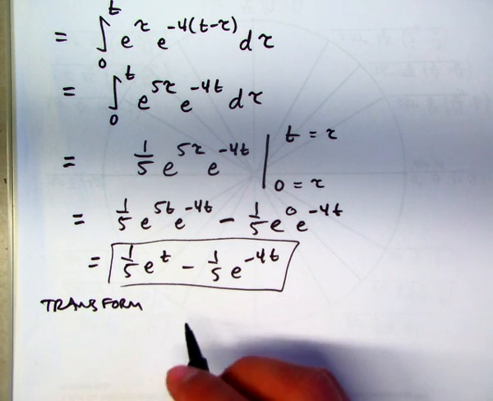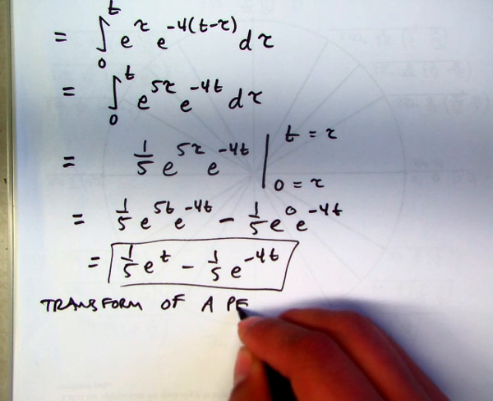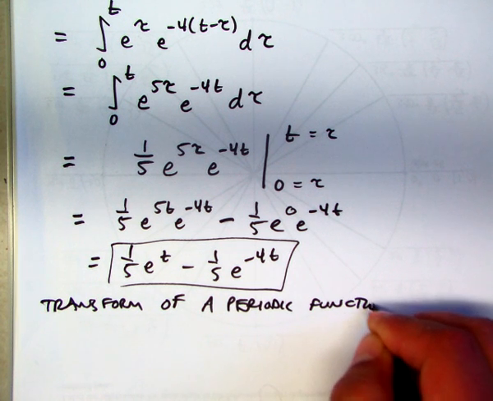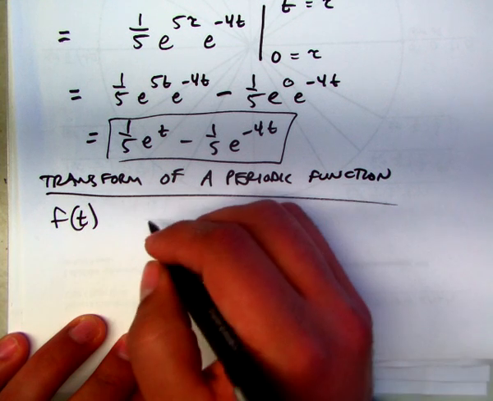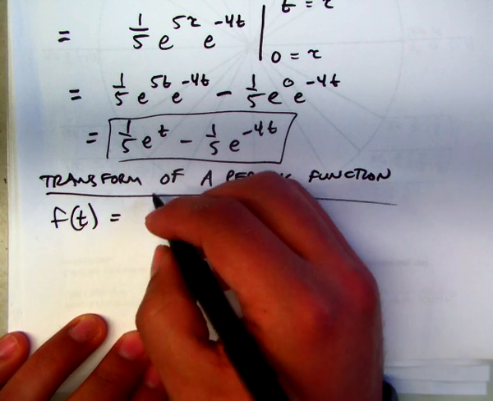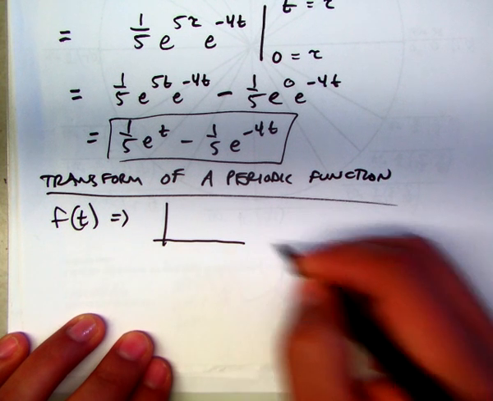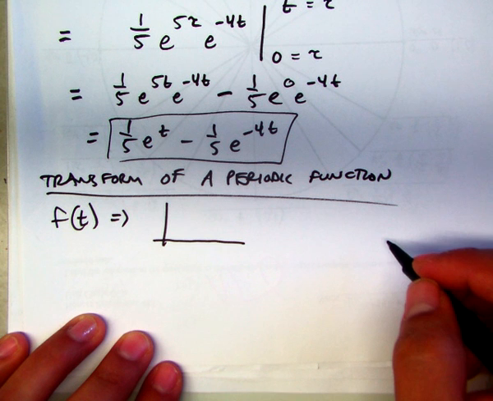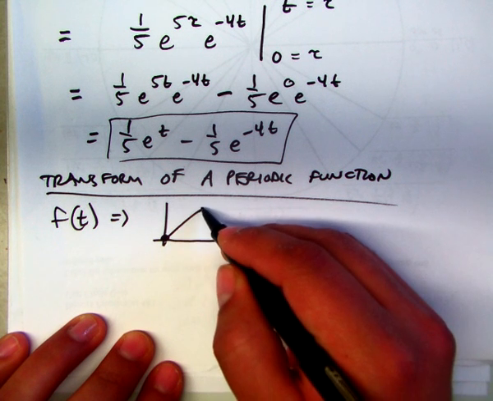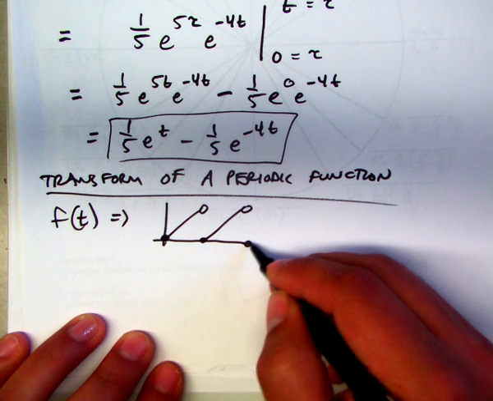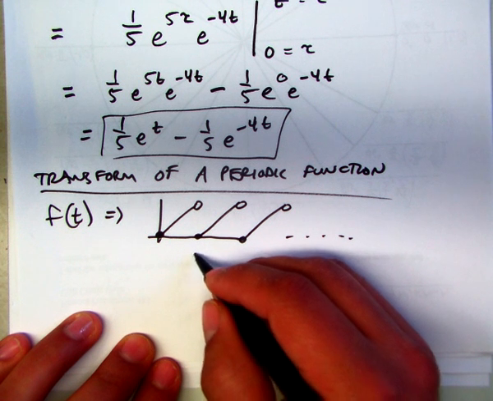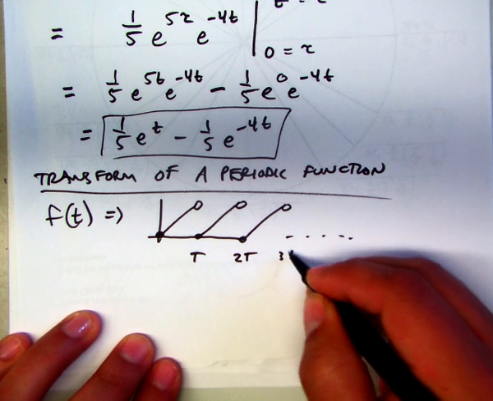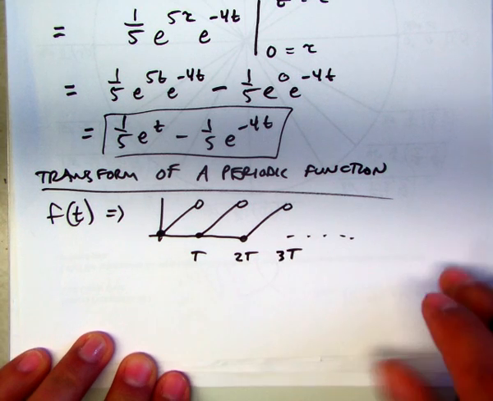The transform of a periodic function, so if we have a periodic function, let's say f of t looks something like this. This is the general picture here.